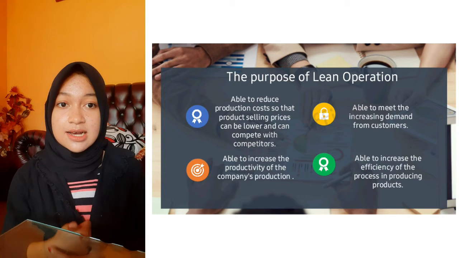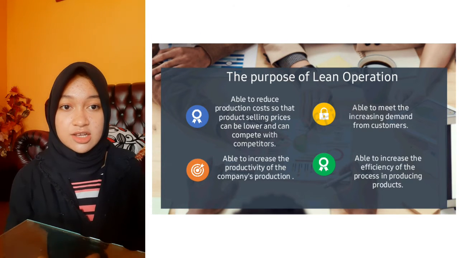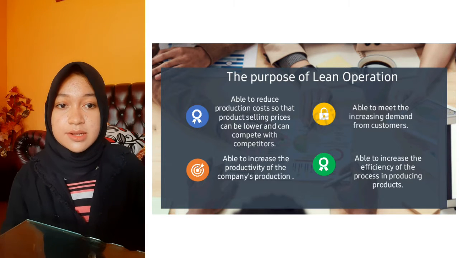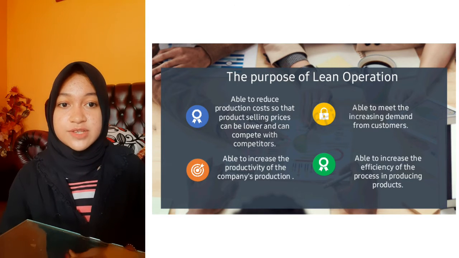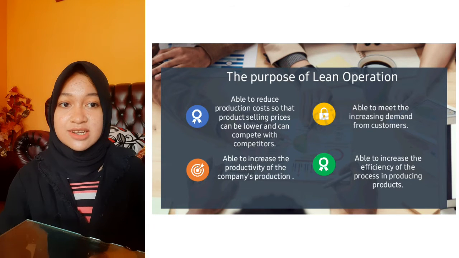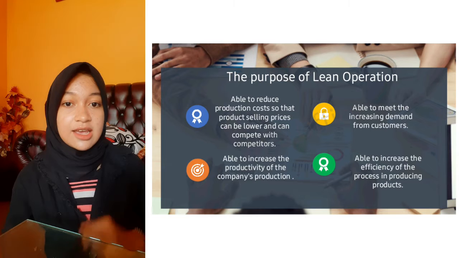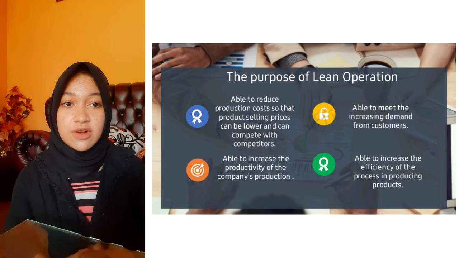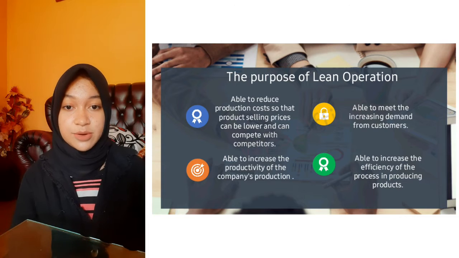The first, able to reduce production costs so that product selling prices can be lower and can compete with competitors. The second, able to increase the productivity of the company's production. The third, able to meet the increasing demand from customers. And the fourth, able to increase the efficiency of the process in producing products.